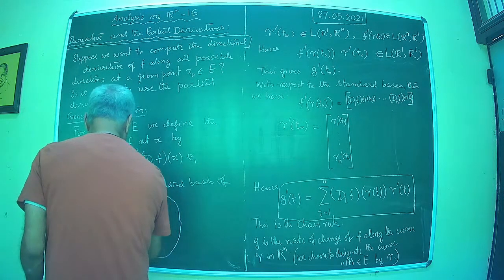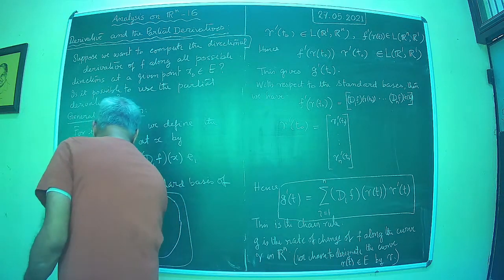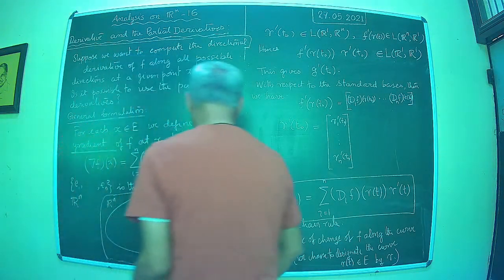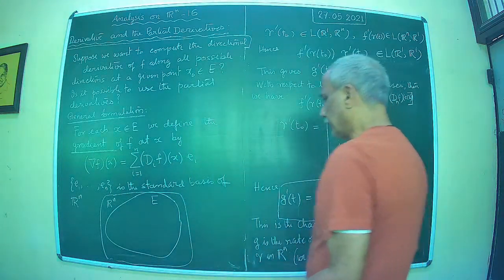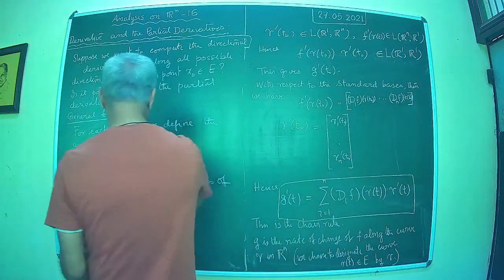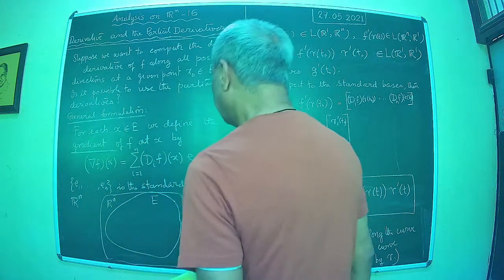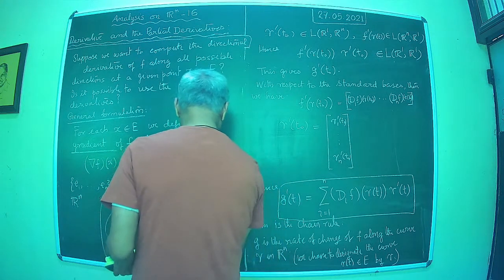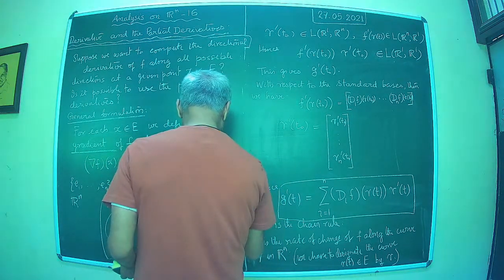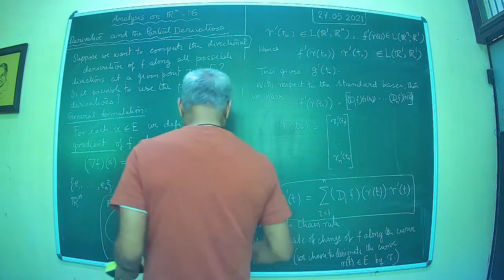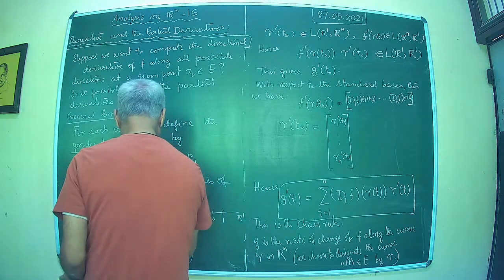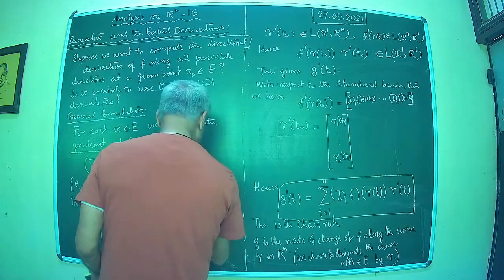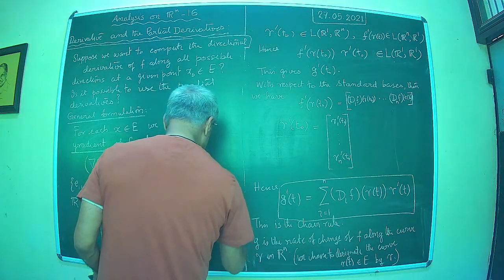This is E. Now you are giving a map from E to a real value. Okay. So what we have is R. It's a real number.